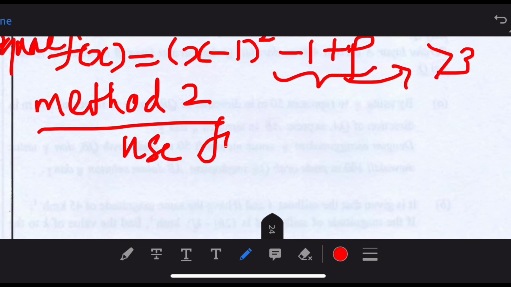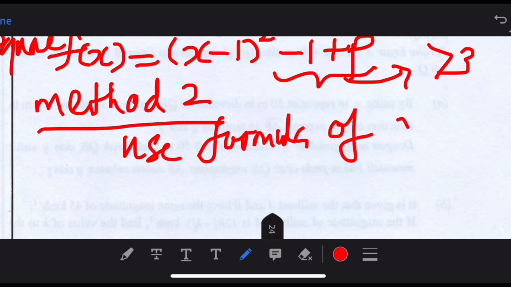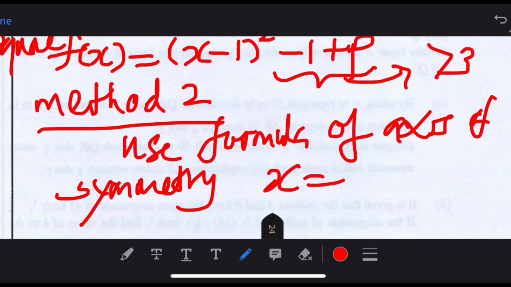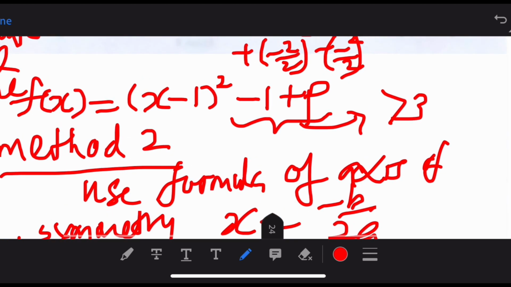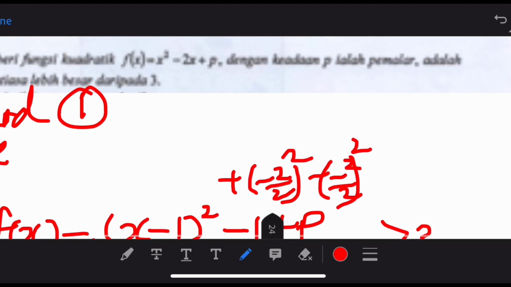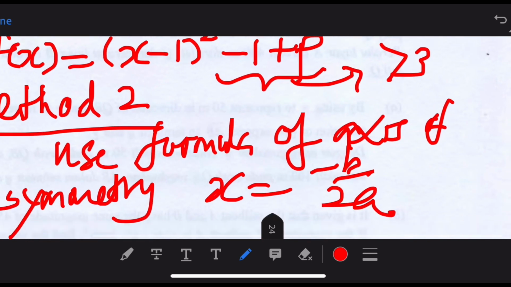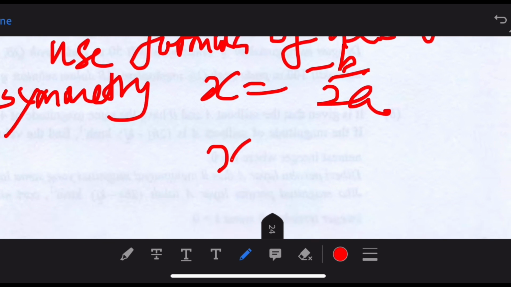For method 2, use the formula x equals negative b over 2a, the axis of symmetry. When you find the value of x, you can find the corresponding y value by substituting x into the function.